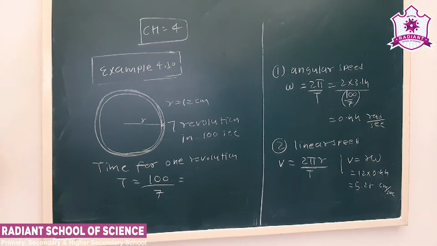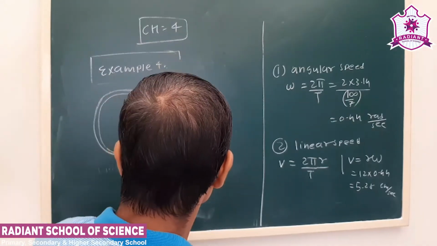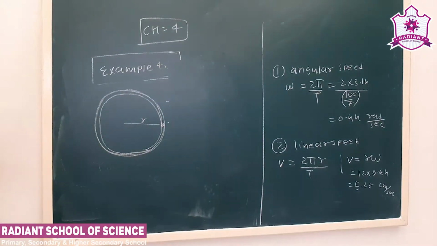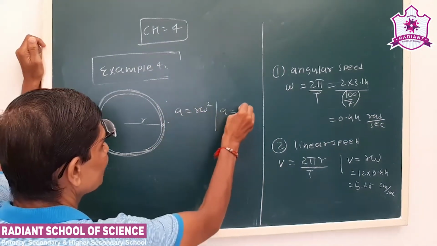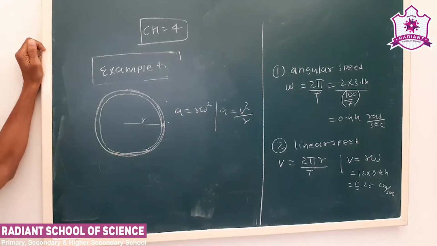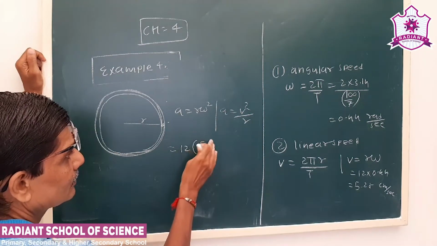And third is the acceleration. Okay, now acceleration a is r omega square. So you can use v square by r also. Okay. Now r is 12, omega is 0.44.